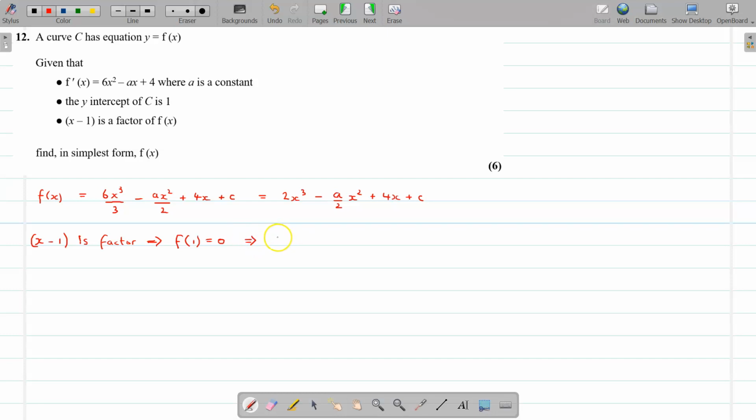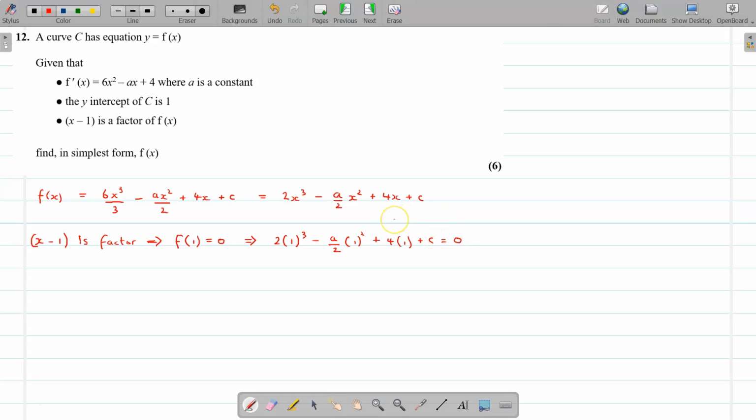So f of 1 equals 0, which implies that 2 times 1 cubed minus a over 2 times 1 squared plus 4 times 1 plus c must equal 0.